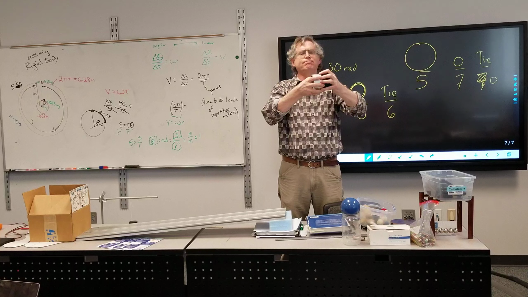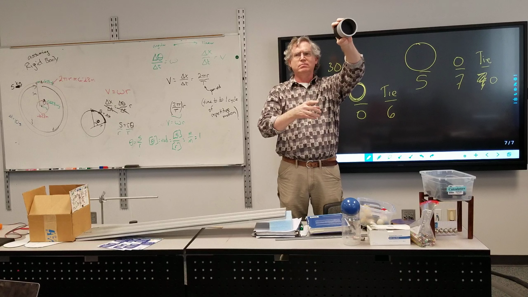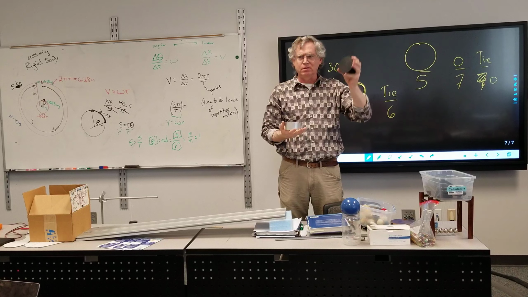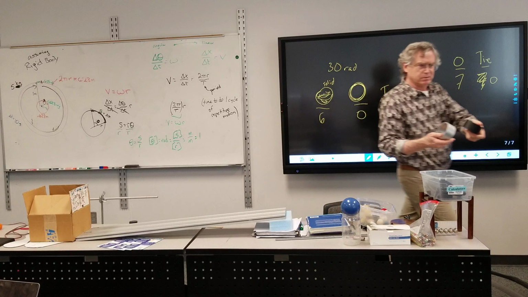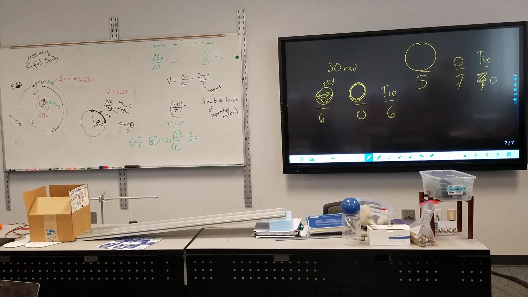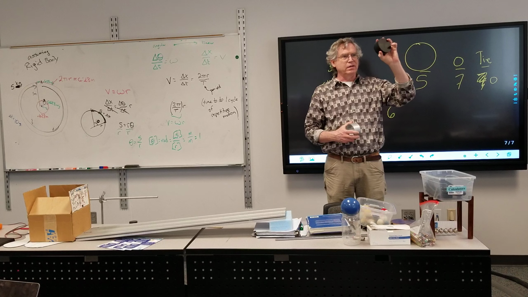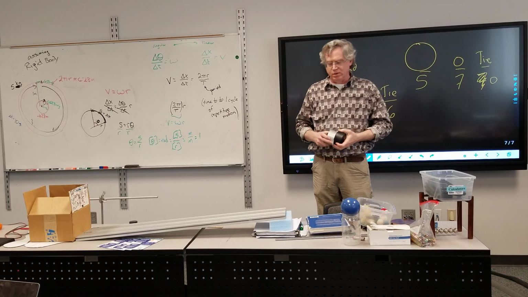They have roughly the same diameter. Pretty sure this mass is bigger. Verifying which one's bigger. Which one has bigger mass? This one? Okay. So this one has more mass. So the solid disc or the hoop?